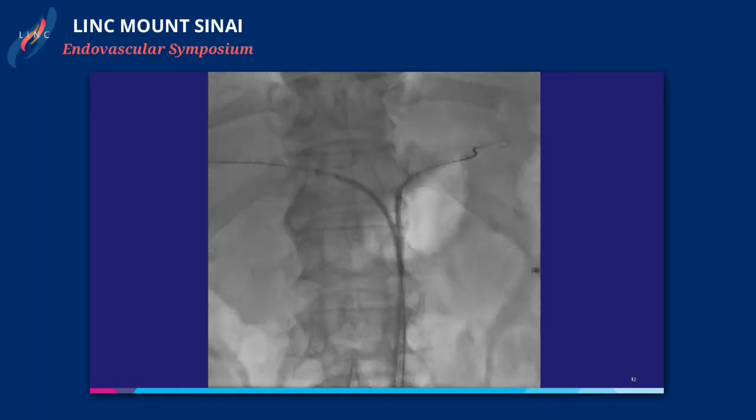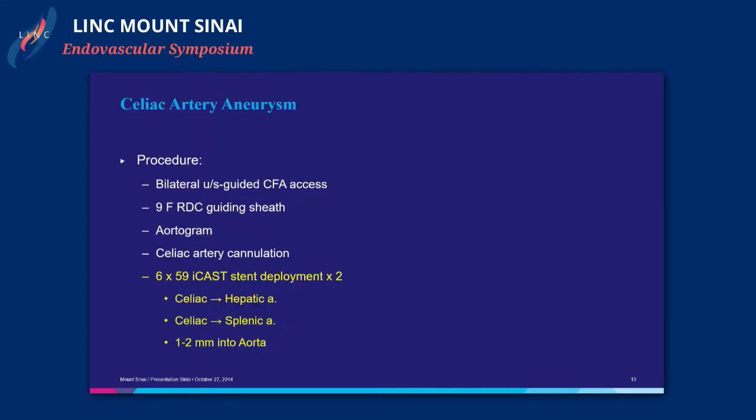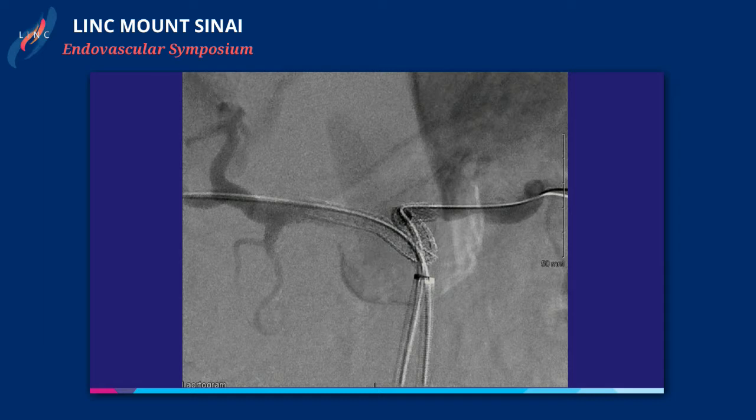We get our wires out into both the celiac and the hepatic, and exchange our sheets up into each of those vessels, and passed up 2 6x59 ICAS stents. One from the celiac origin to the hepatic, and one into the splenic, with some extension into the aorta. Was able to deploy them successfully simultaneously.